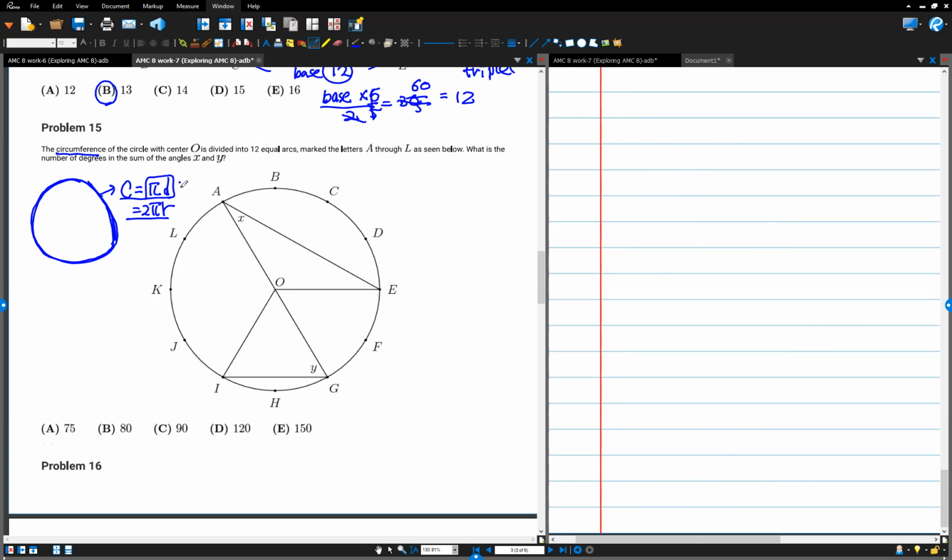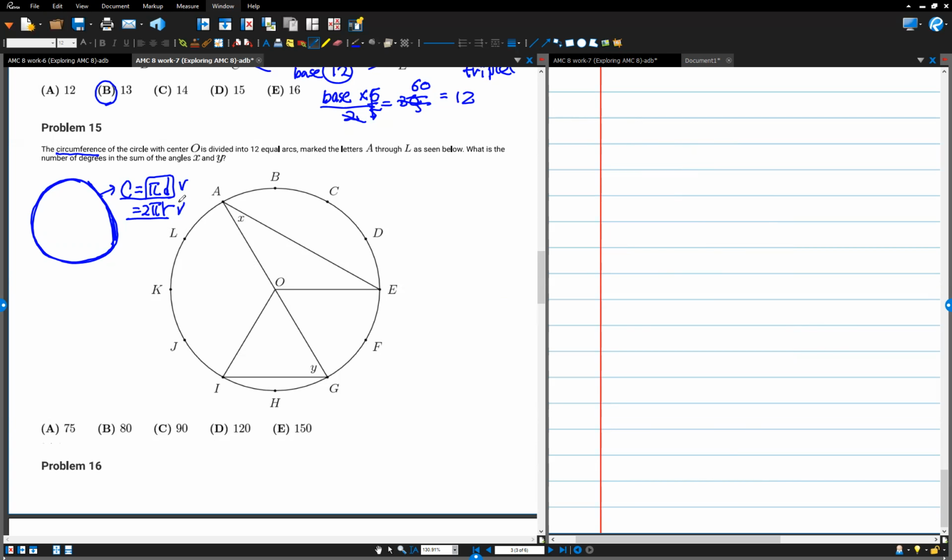Did you guys understand this formula? Victoria, you understand? Pi times diameter is circumference. All right, now try this one.